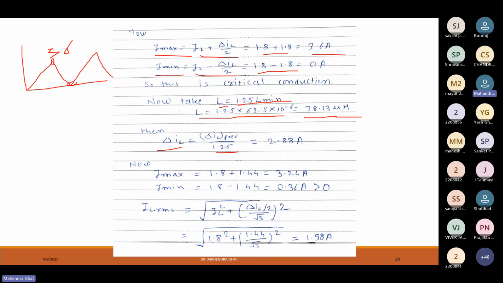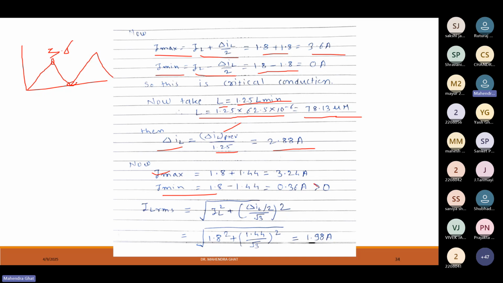So the previous delta IL, 3.6 divided by 1.25, comes as 2.88 ampere. Now with this value, I max is 1.8 plus 1.44, which is nothing but 3.24 ampere. I min is equal to 1.8 minus 1.44, which is equal to 0.36 ampere.